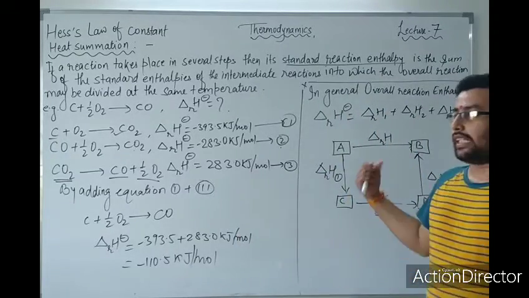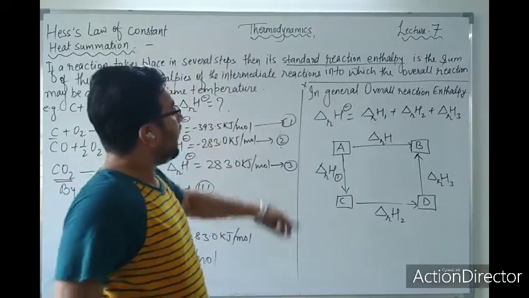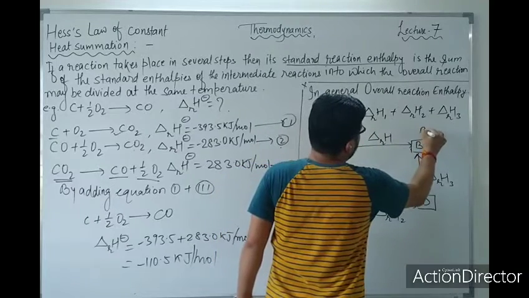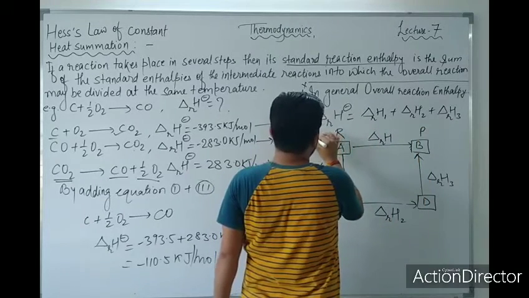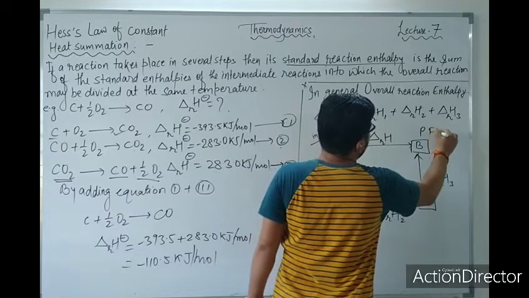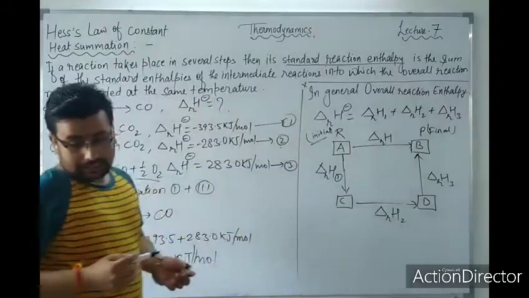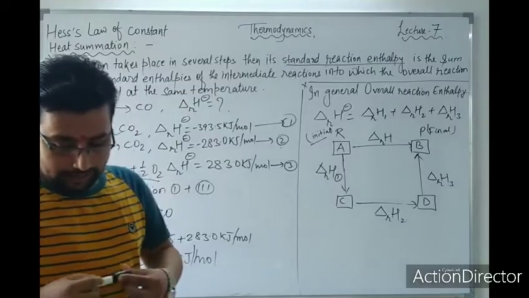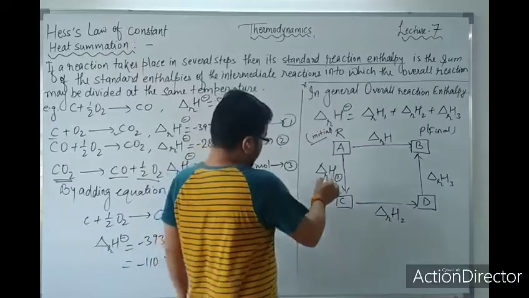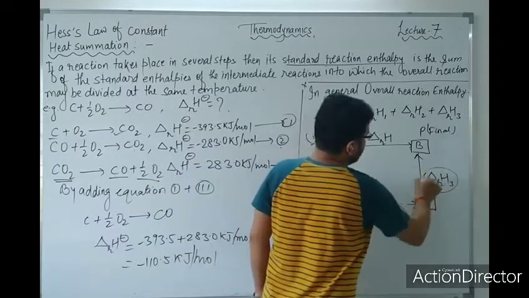In this diagram, the overall reaction is from A to B. This is the first reactant, the initial, and this is the final product. So now you just see this reaction. In general, if I talk about the enthalpy of the overall reaction, here you can see in the first step delta HR1, delta HR2, delta HR3.